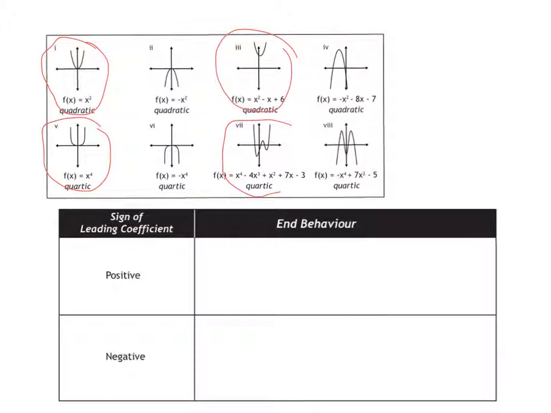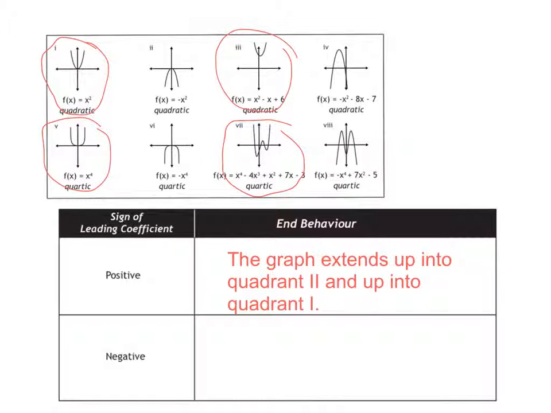So these are the positive functions. And what do you notice about their end behavior? So what that means is, what happens where the graph extends? What directions do they extend? What we notice is that for all of those ones that are circled in red, the graph extends up into quadrant 2 and up into quadrant 1.